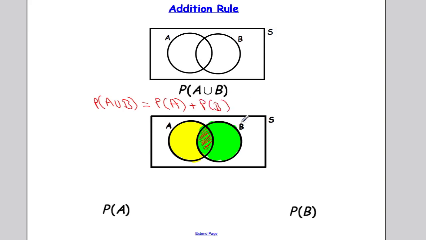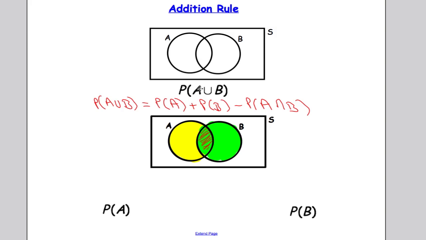But what happened? We also had this intersection added twice. I don't want it twice, I only want it once. So I'm going to take away the intersection. I don't want that region counted twice.